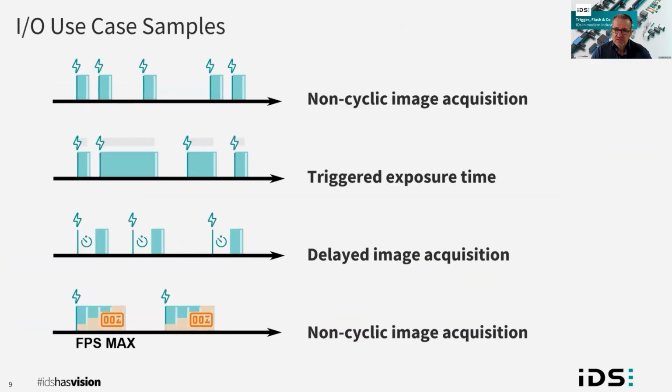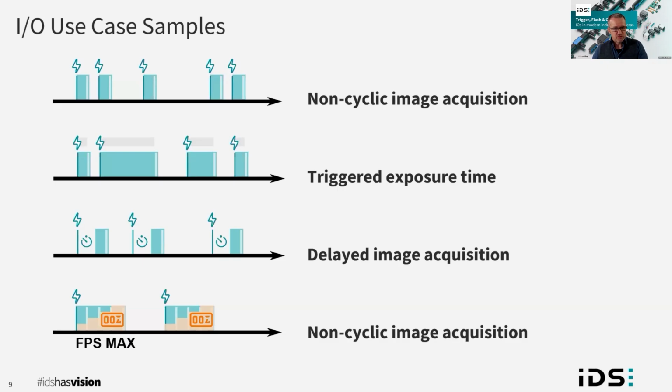In many use cases, the speed or latency of the triggering signal, in other words, the timing until the finishing of an image capture is produced, or even the precise timing with the flash, is very important. Here are four very common examples of how users can apply the trigger and I/O logic of standard vision cameras.